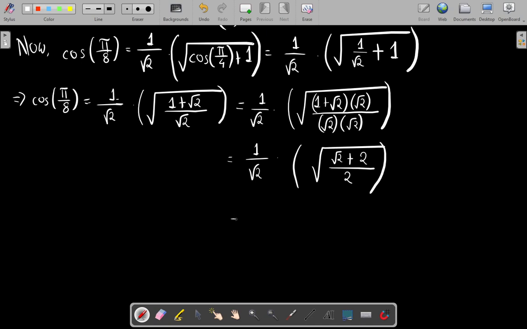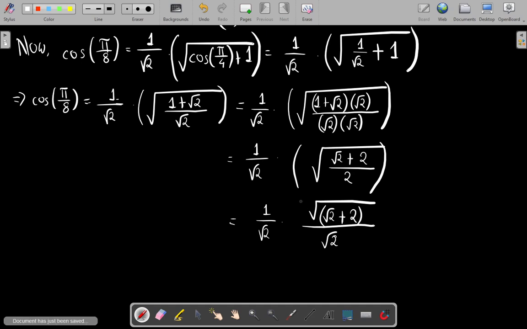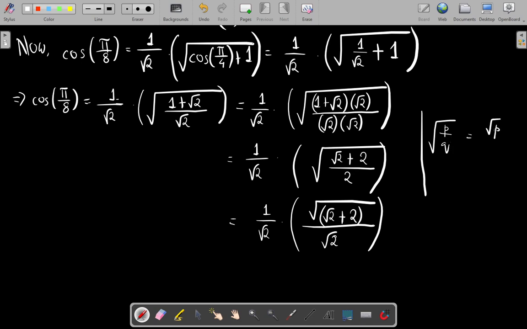Okay. So now this can be written as 1 upon root 2, and let us separate the numerator and denominator from a single square root. So the numerator becomes root 2 plus 2, and the denominator is just root 2. I've just used the formula that square root of p upon q is square root p upon square root q.